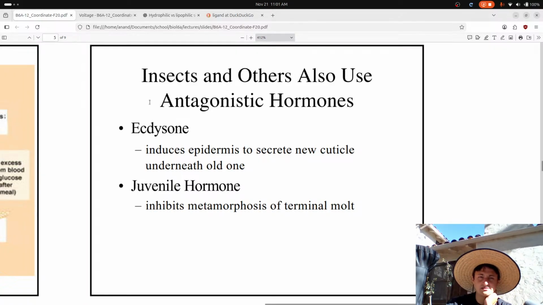Yeah, because it literally says molting hormone. Ecdy means, yeah.